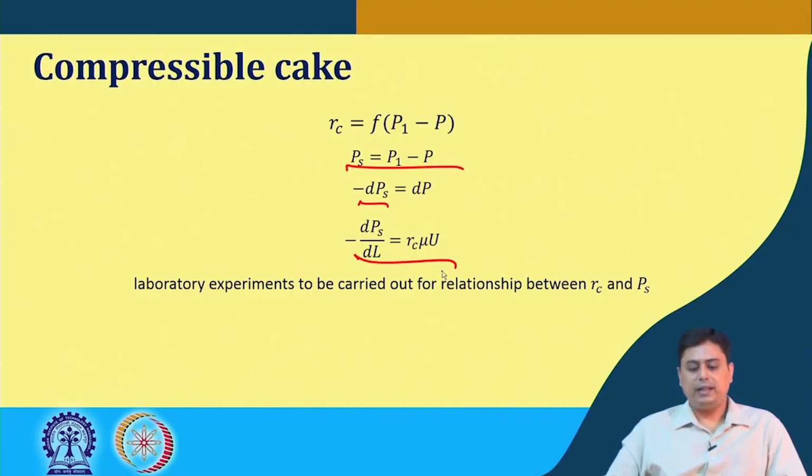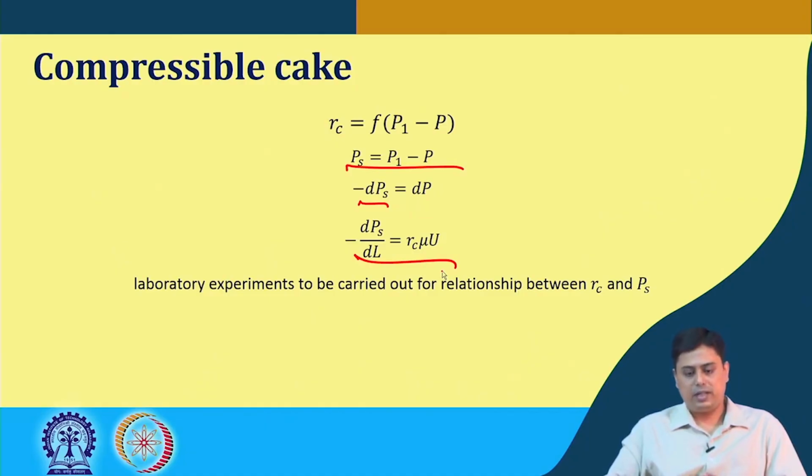Now, the point here is that this relation between RC and Ps is not easy to find. It has to be determined by several laboratory experiments, the relation between this pressure difference and the specific cake resistance.